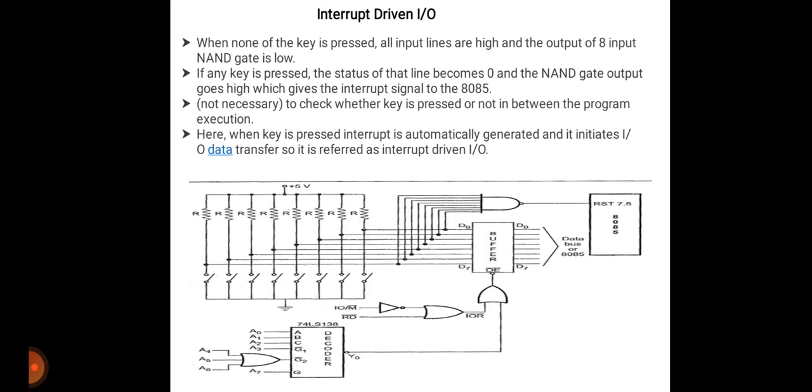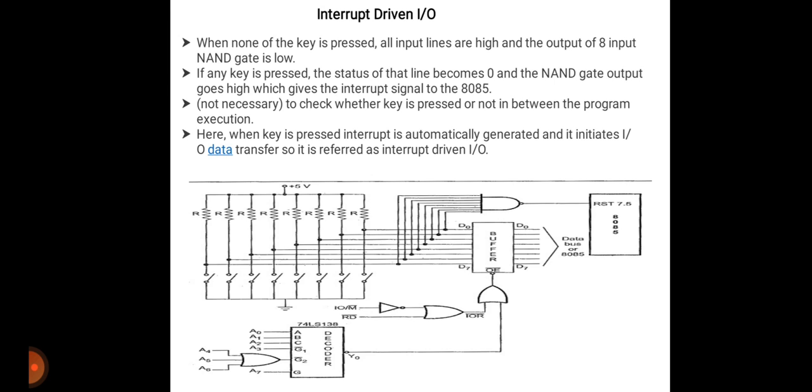If any key is pressed, then the status of that line becomes 0 and the NAND gate output goes high, at logic 1, which gives the interrupt signal to the 8085. Then the microprocessor executes the interrupt service routine to check which key is pressed.